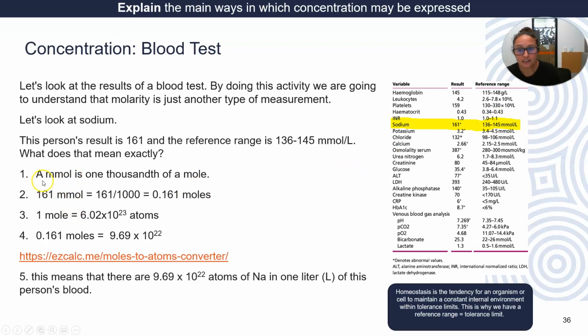The first thing we need to understand is what a millimole is. A millimole is 1/1000th of a mole. So 161 millimoles is the same as saying 161 divided by 1,000, which is equal to 0.161 moles.